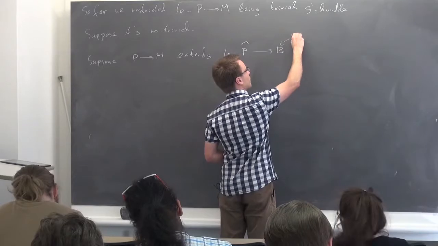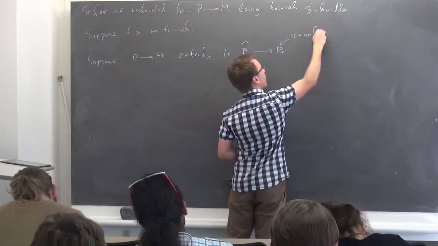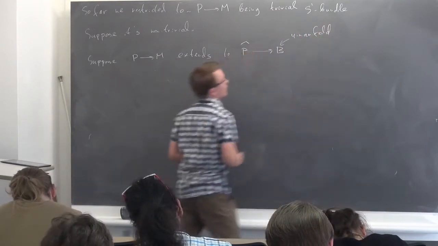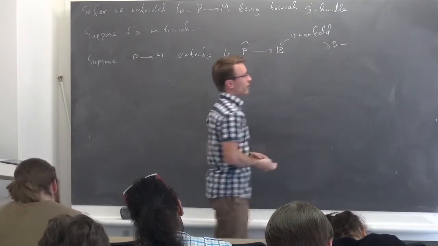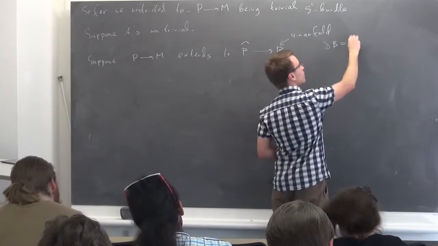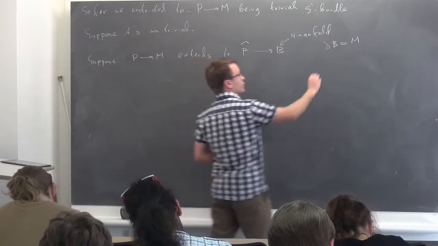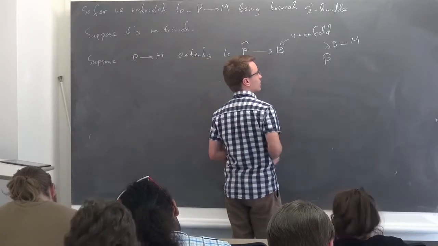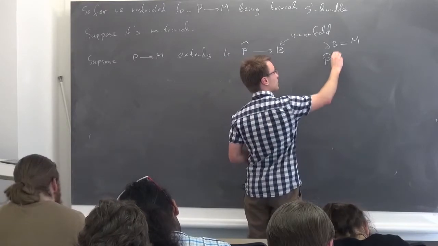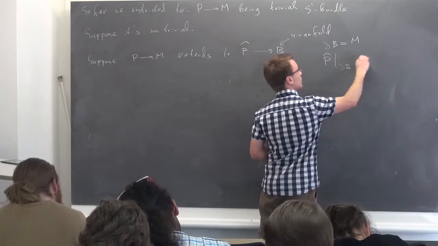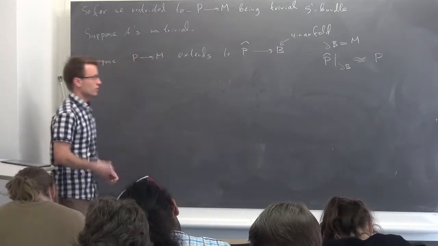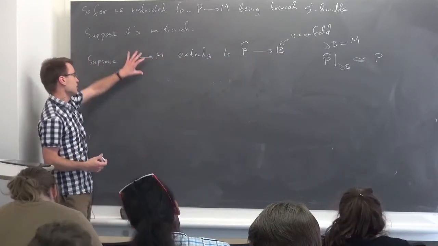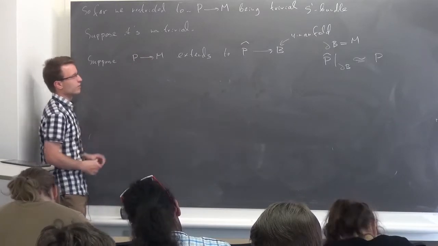So this is some 4 manifold with the property that the boundary of this 4 manifold is just M, and the restriction of the principal bundle P hat to the boundary is isomorphic to P. Okay, so suppose this bundle extends. So this cannot be arranged always, but let's assume that's the case.